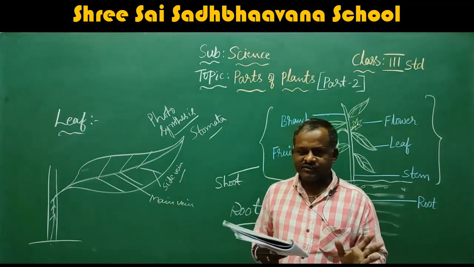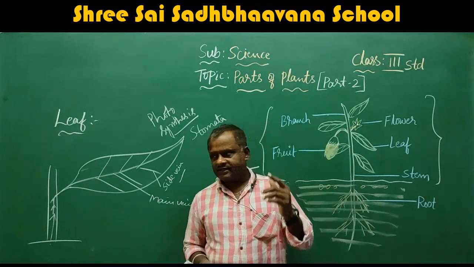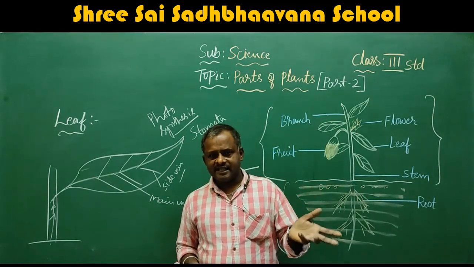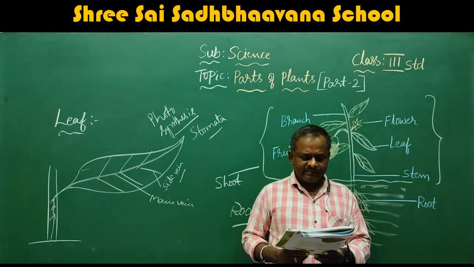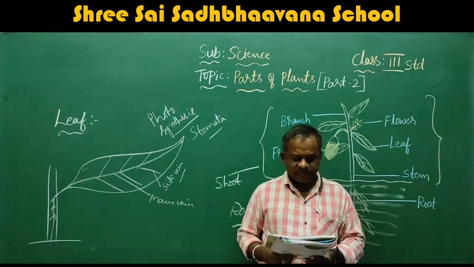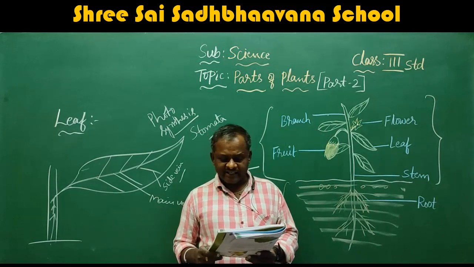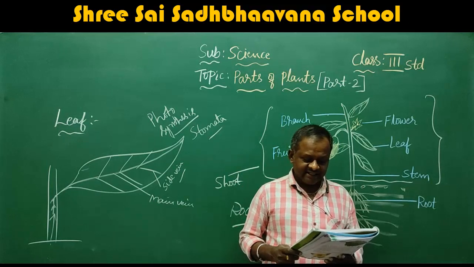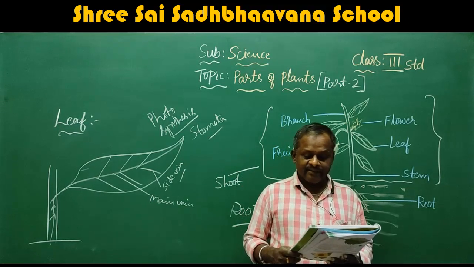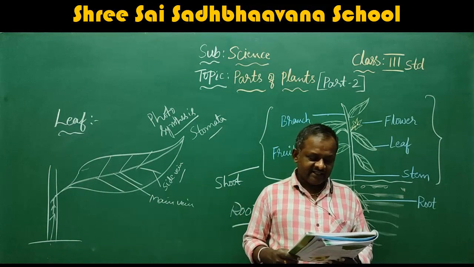These seeds, once again you sow, you get the plants of the same kind. Most plants grow from seeds. Seeds are protected inside the fruit. Do you know what is protected inside the seed? The mother plant has kept a baby plant and its food inside the seed.